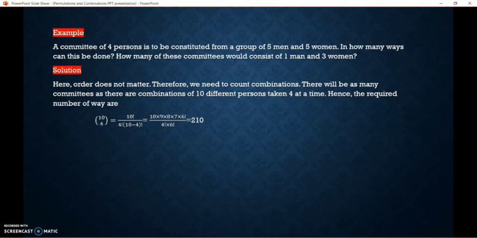So it will be 5C1. Similarly, 3 women can be chosen from 5 women in 5C3 ways. It's a combination of 5 women taken 3 at a time. So in how many ways can I arrange 1 man and 3 women? There are choices of 5C1 for 1 man and 5C3 for 3 women.